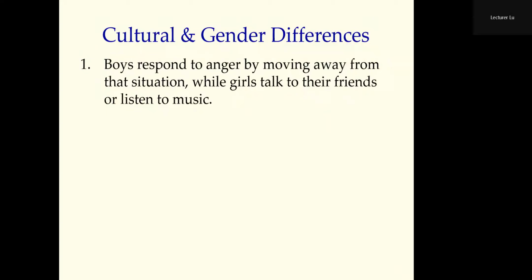It's just a general tendency, but it's not exactly the case. So it's important that we keep in mind to avoid stereotypes when we are reading research about cultural or gender differences.